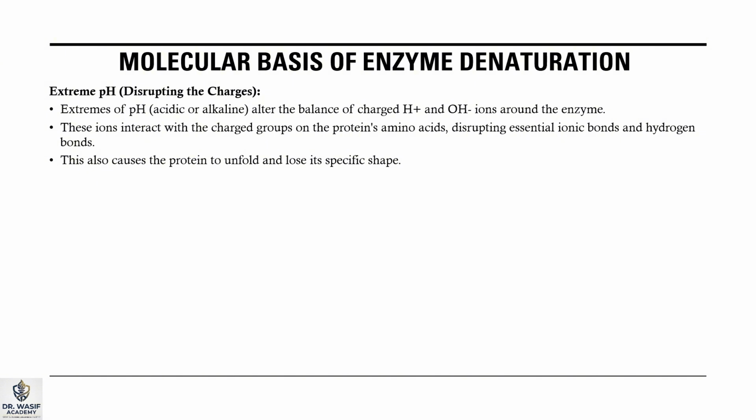These ions carry electrical charges, and because your enzyme is a protein made of amino acids, these ions start interacting with the charges on the protein itself. This interference disrupts those essential ionic and hydrogen bonds, and without those bonds to hold it together, the protein begins to unfold, losing its specific three-dimensional shape.